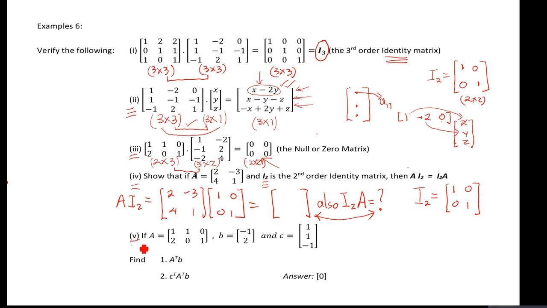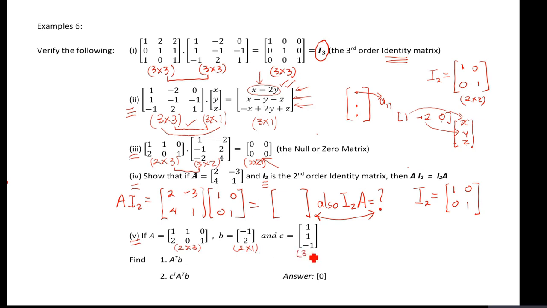Number 5, here I just wanted to show you that I could multiply 3 or more matrices. So here I've got A as 1, 1, 0, 2, 0, 1. Small b is minus 1, 2. C is 1, 1, 1. Remember, write down the order all the time. That's a 2 by 3. This is a 2 by 1.